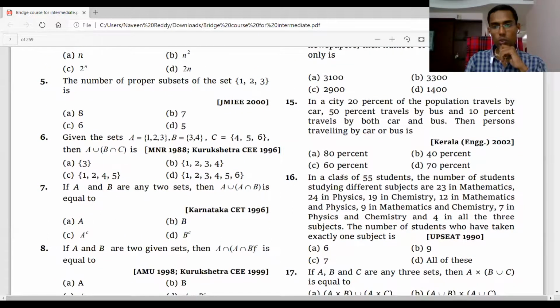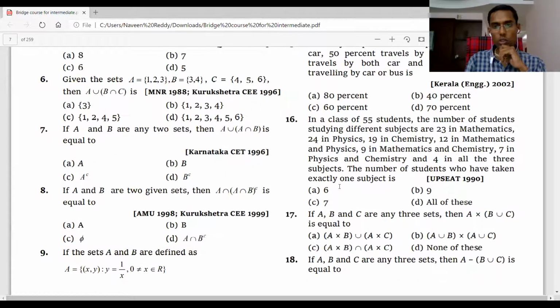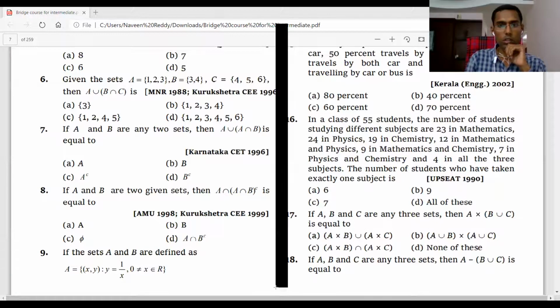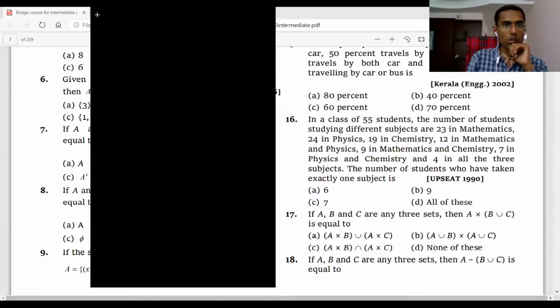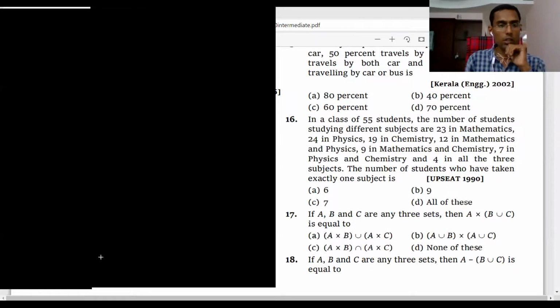So now we will do question number 16. Hoping you are able to follow.